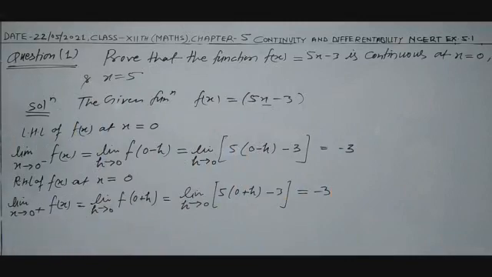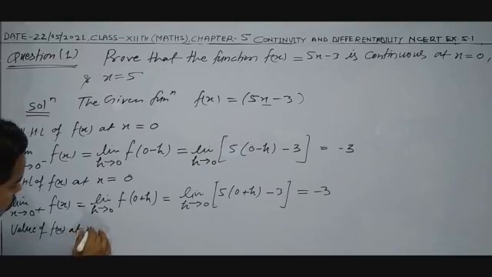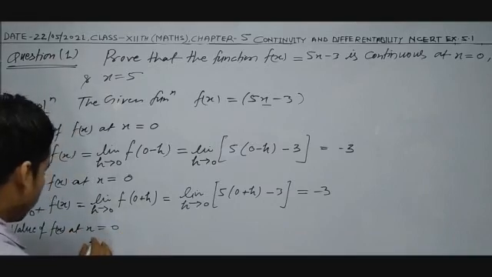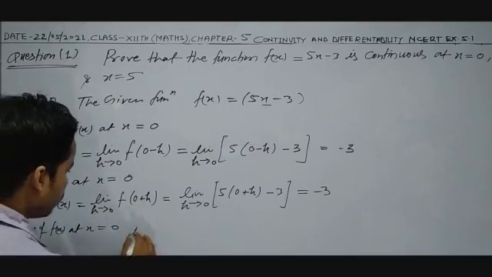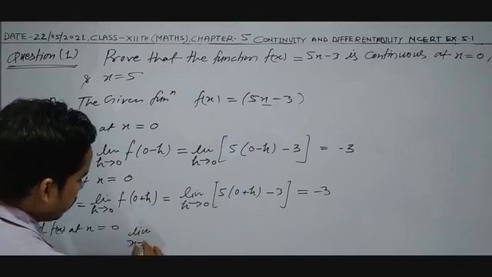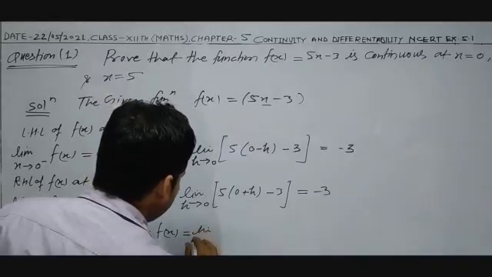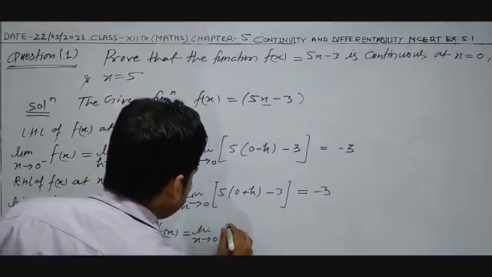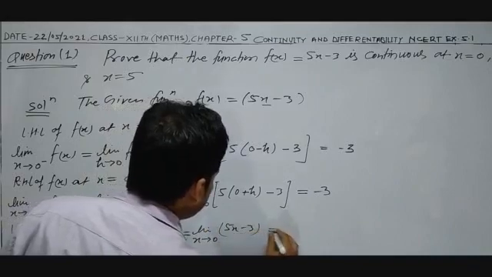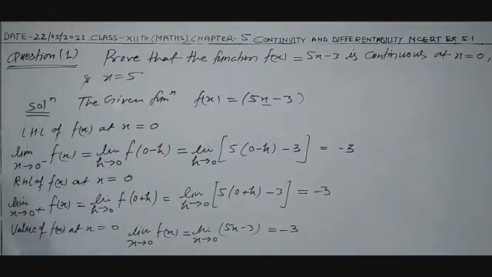And the value of the function at a given point, at x is equal to 0, this will be limit x tends to 0 f(x) is equal to limit x tends to 0 of 5x minus 3, result will be minus 3.